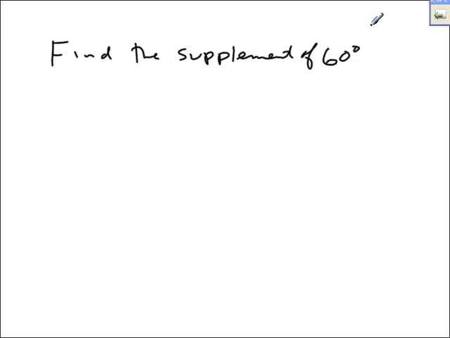So what if you were asked to find the supplement of 60 degrees? We'll call it sup of 60 degrees. Well, what do you add to 60 degrees? First of all, 60 degrees is positive.